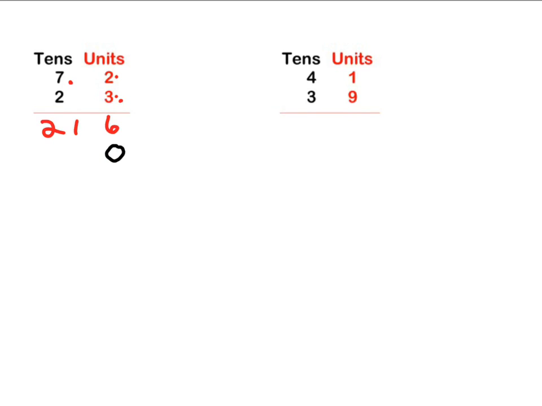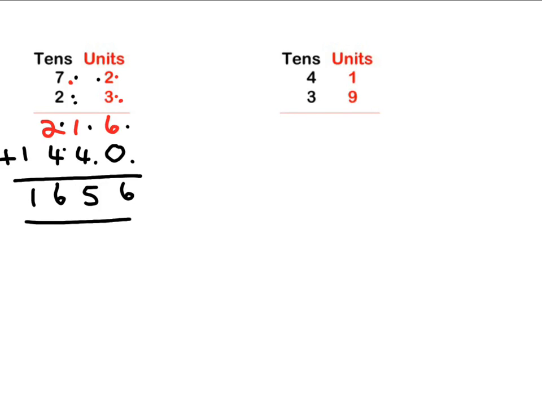Anything times 10 has a 0 on the end. 2 times 2 is 4, and 2 times 7 is 14. Now we've got two rows of numbers here, which we're going to plus in neat columns. 6 plus 0 is 6. 1 plus 4 is 5. 2 plus 4 is 6. And 1 plus nothing is 1. There we go. Easy. Let's do the next one.